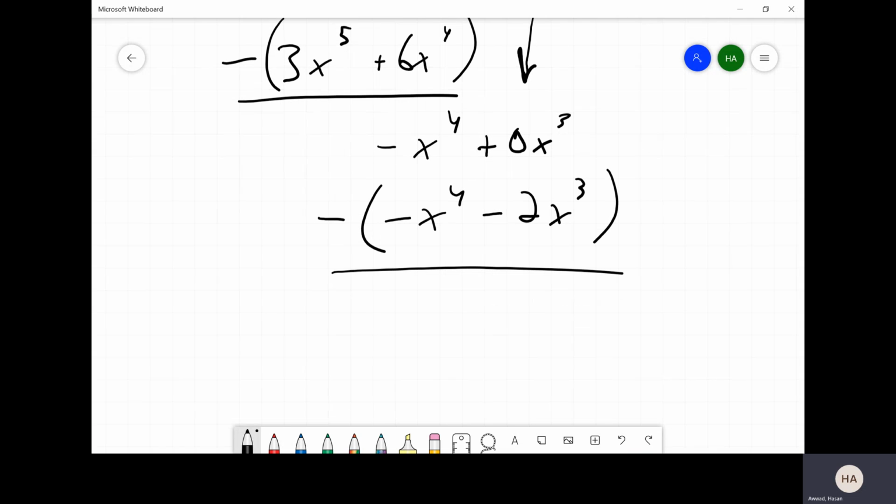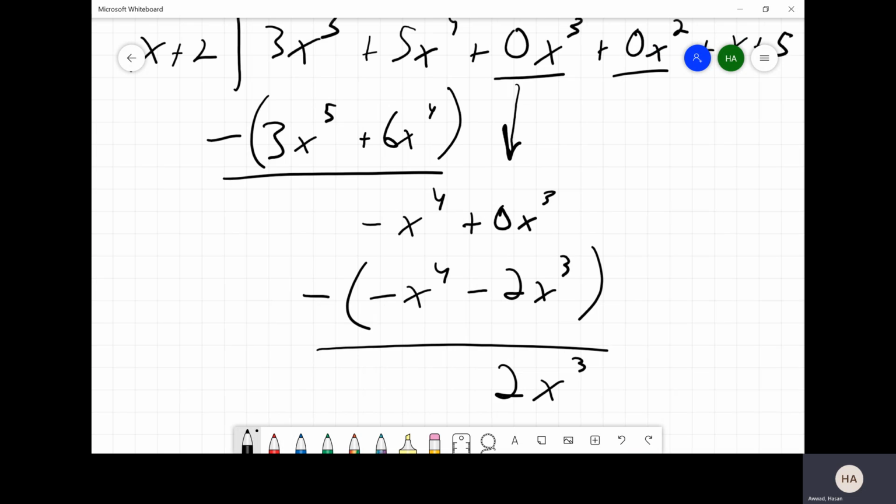So when we do this piece, we get a 0 here, right? Just like we had intended. So we get a 0, and now we just have to ask ourselves 0x cubed minus a negative 2x cubed. Well, that's the same thing as plus 2x cubed. So 0x cubed plus 2x cubed should just give you 2x cubed, right? So we get 2x cubed right here.